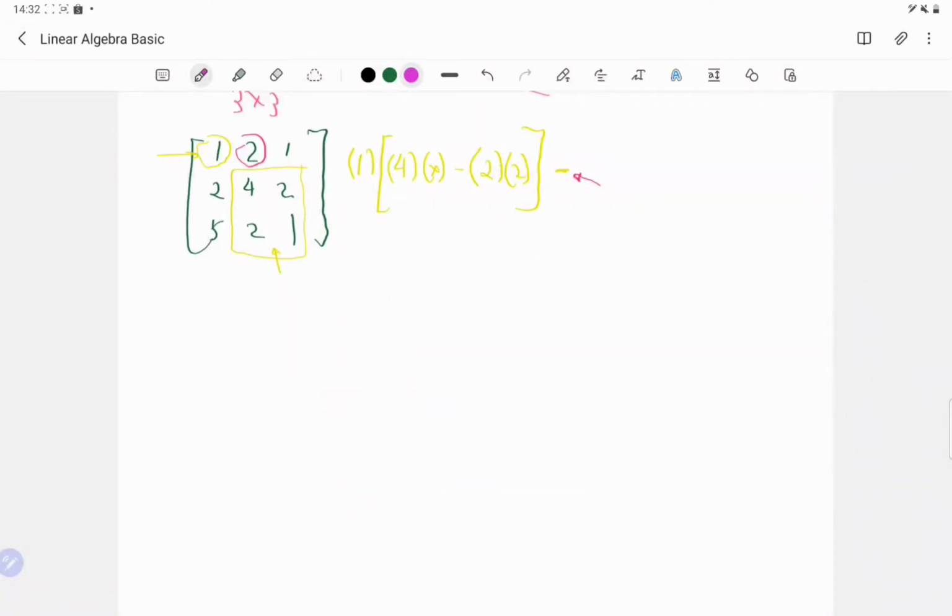For this column 2, as you can see, this is the value in column 2. We should exclude this column 2, so exclude. So we will do these things. Okay, now it is 2 times 1 minus 2 times 5.